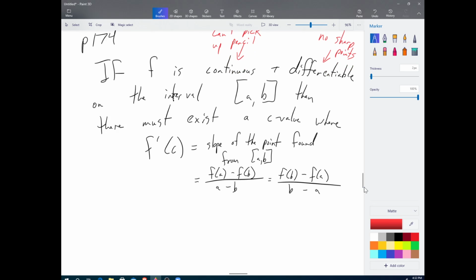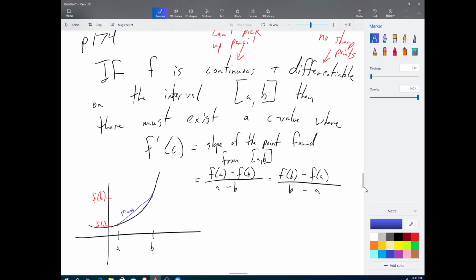So ultimately, with a picture, this means if we have a function, just making up any old curve, and we're going to look at it from A to B, they're going to have some f of A and some f of B. And if I connect those two, there's going to be a slope from A to B, or B to A, however you want to do it.